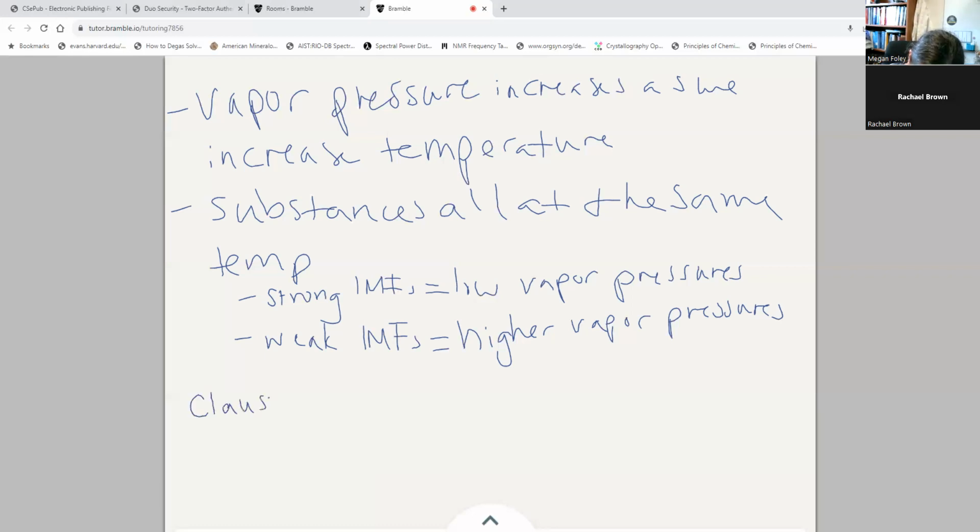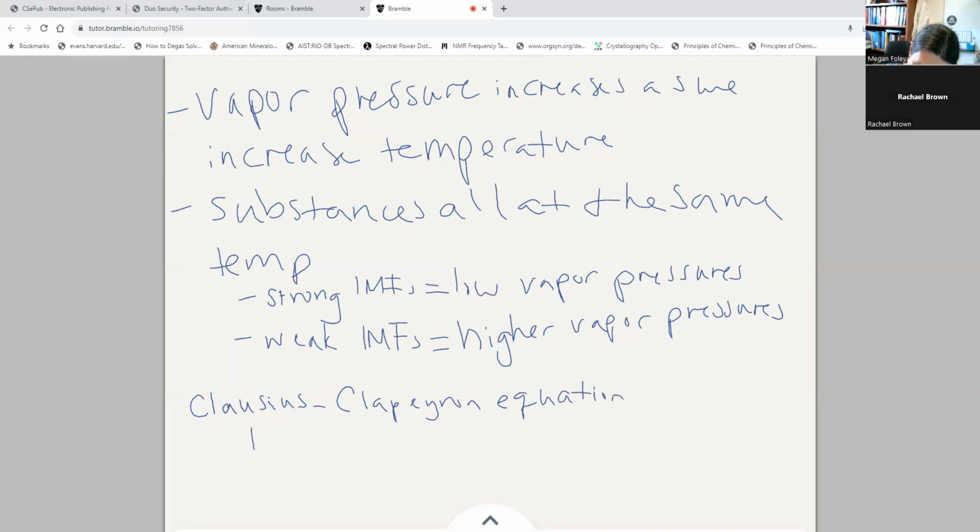I have to look at how to spell that. So our Clausius-Clapeyron equation is going to relate vapor pressure with enthalpy of vaporization.